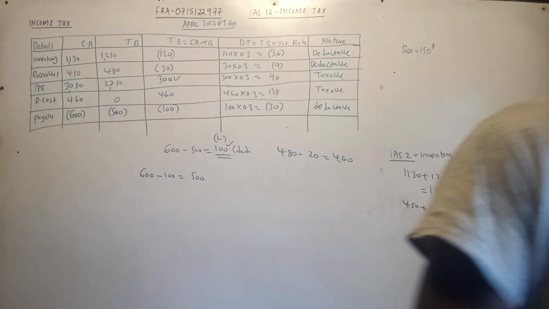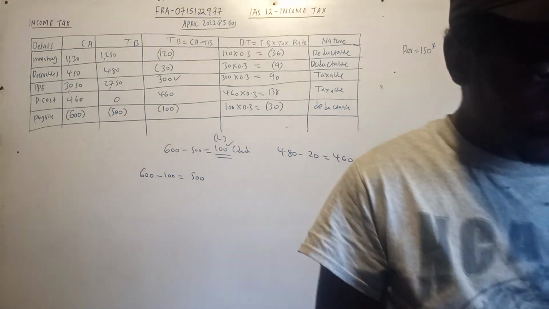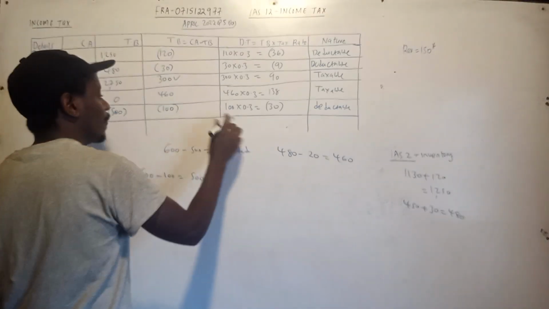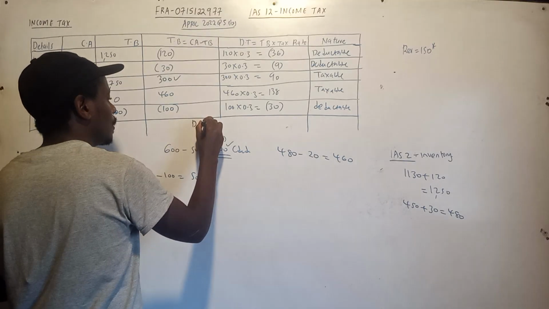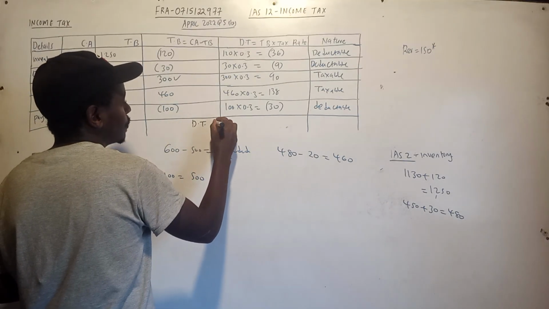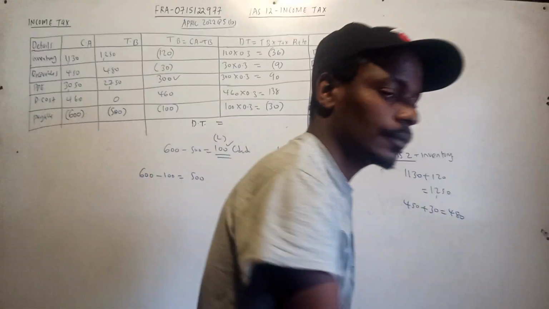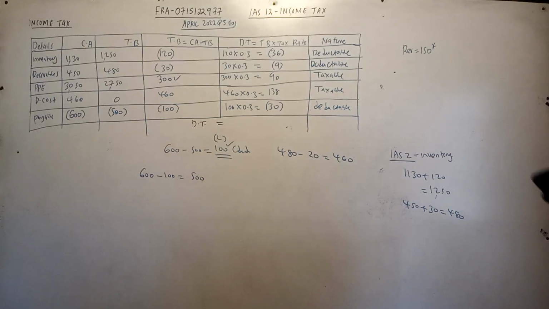Now we can get our deferred tax. So by adding those items, we have minus 36, minus 9, plus 90, plus 138, minus 30.